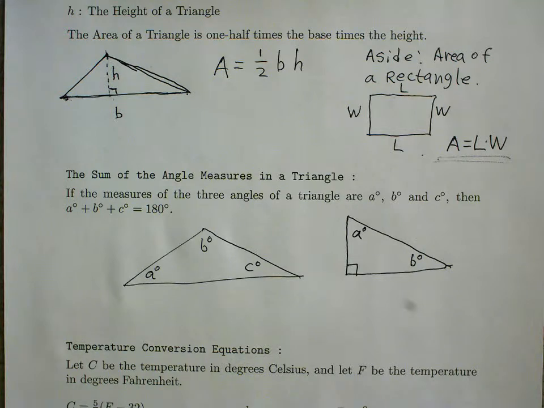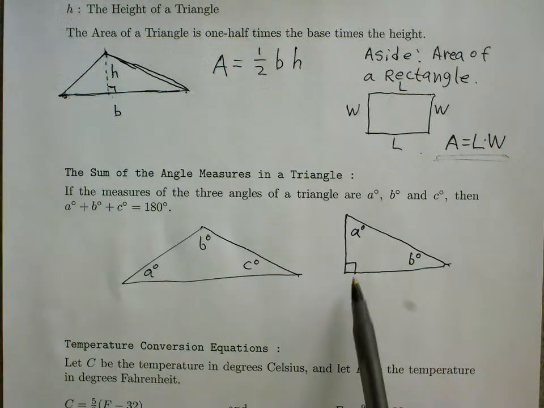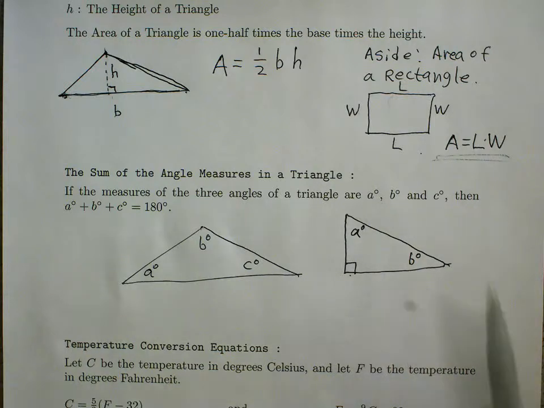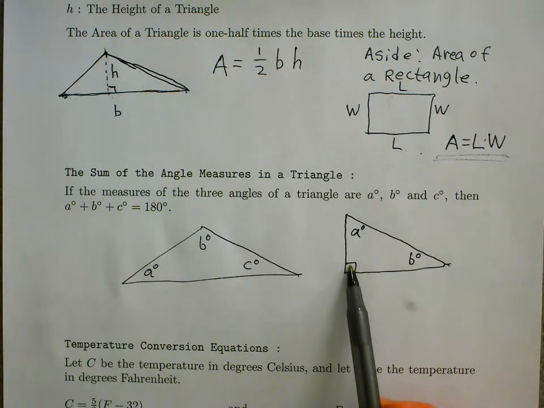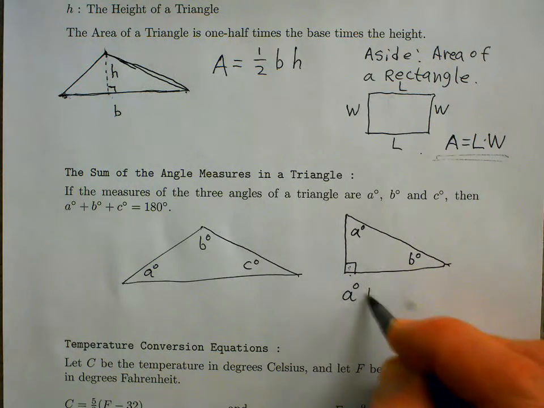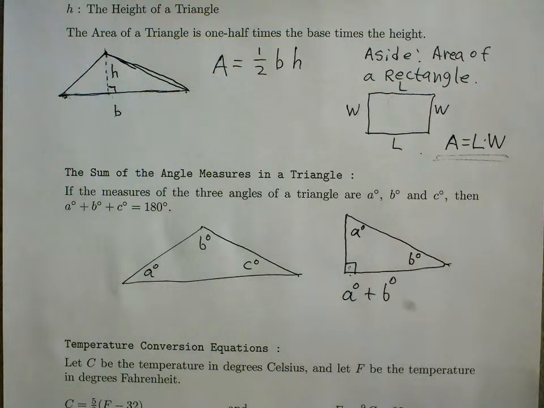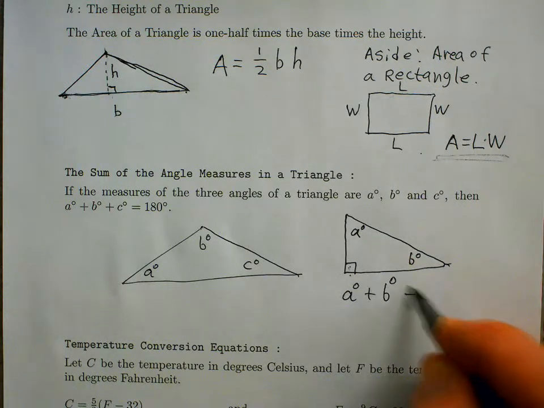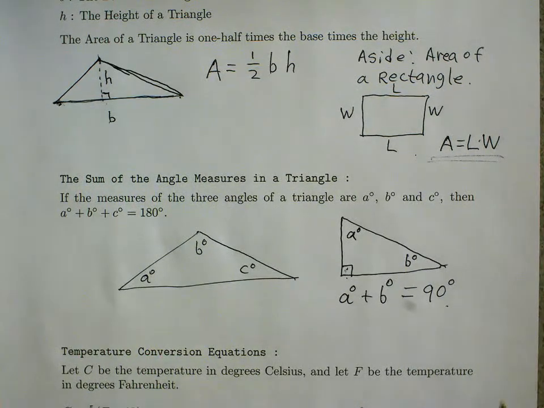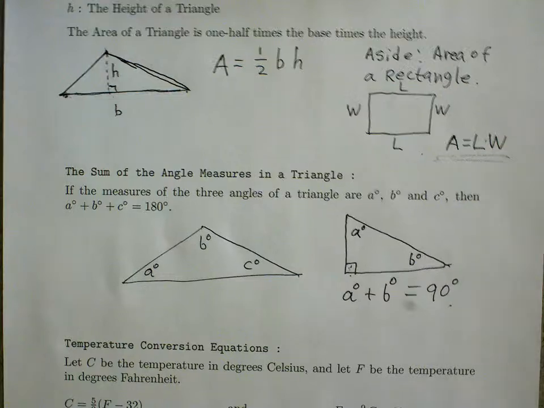Yes, because this angle is 90 degrees, and if we add all three of them, it's 180. So 90 degrees is taken by the right angle, which means the sum of the two smaller angles is 90. And 90 plus 90 is 180. Okay, that makes sense.